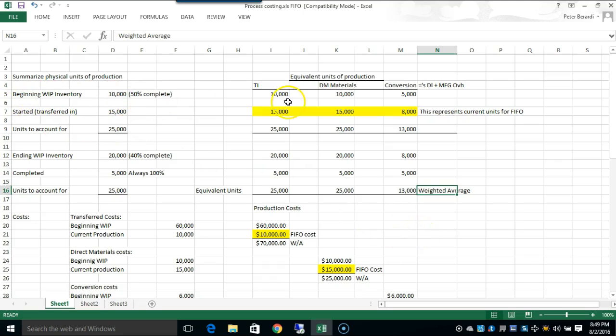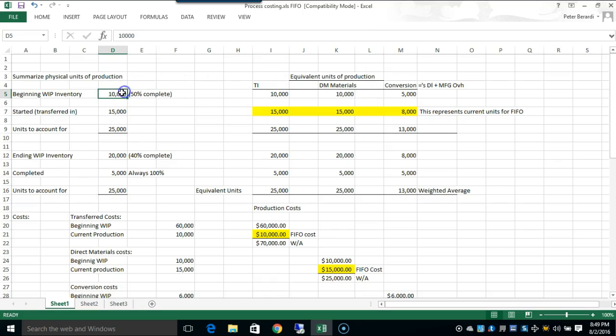Then go to your beginning WIP. Again, spread it out along your matrix. 100% of beginning WIP inventory is transferred in unless otherwise stated. 100% of beginning WIP inventory is direct materials as an equivalent unit unless stated. The percent complete is your relative conversion.